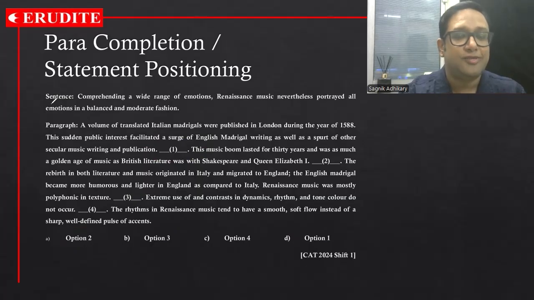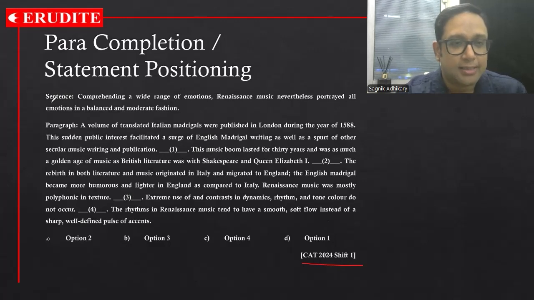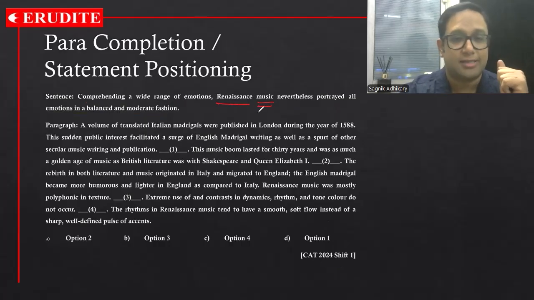With that understood, we see here the first question. This is from CAT 2024, the first shift, the morning shift. The sentence tells us, comprehending a wide range of emotions, Renaissance music, nevertheless, portrayed all emotions in a balanced and moderate fashion. Here, from the sentence, we have three key ideas given to us. First off, the subject, Renaissance, particularly music from the Renaissance.